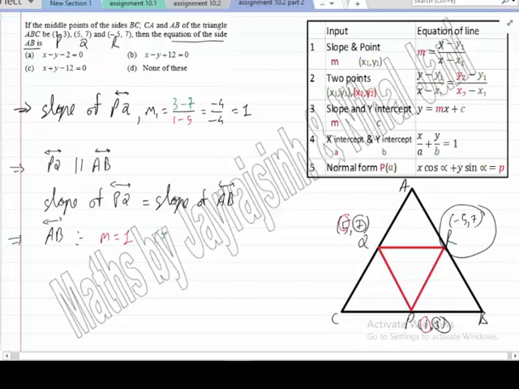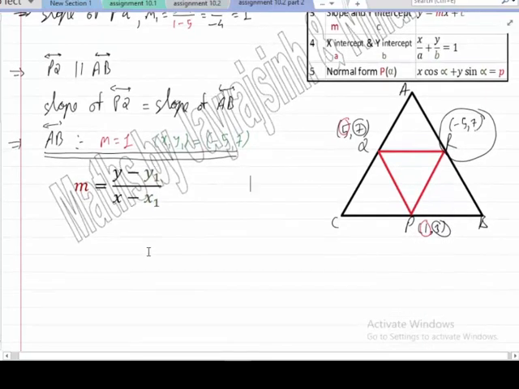And AB is passing through the point R, which has coordinates minus 5, 7, right? Here we get our data. Now we just have to use the slope point form of the equation of line, right? Here it is. Now we just have to put the values and simplify.